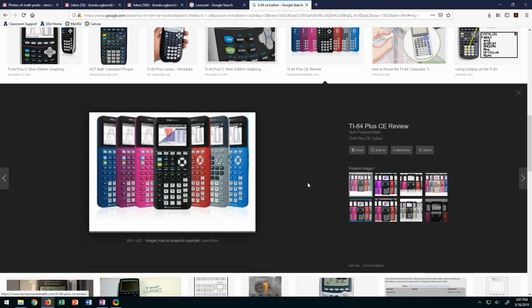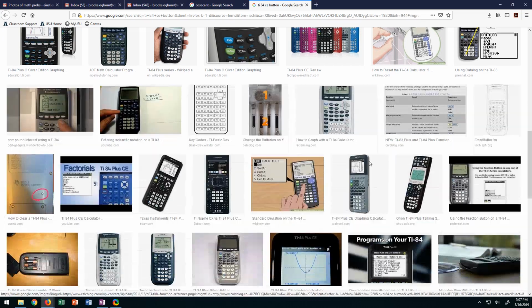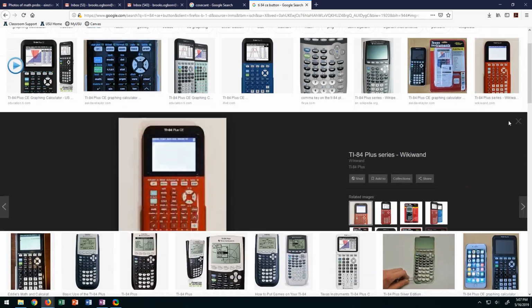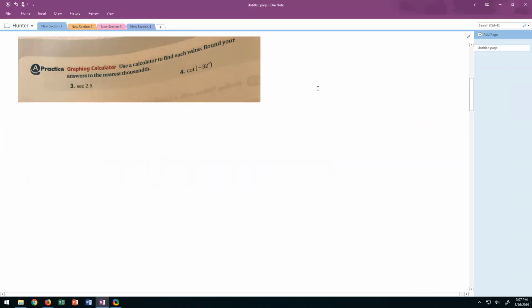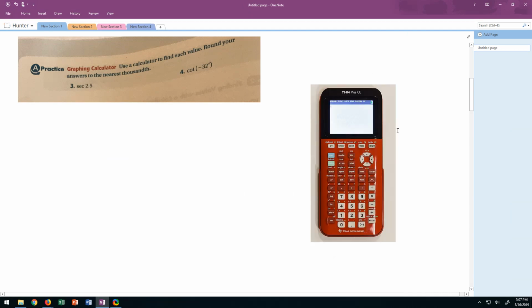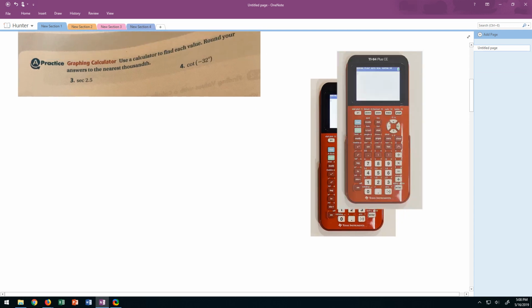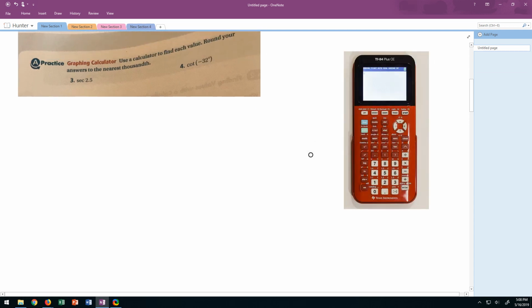Maybe this one will work. Nope, can't see it. Hey, that's what I want right there. All right, so let me just copy this so I can see it. All right, there we go. So here's my fancy schmancy calculator. I'm going to move this guy around.